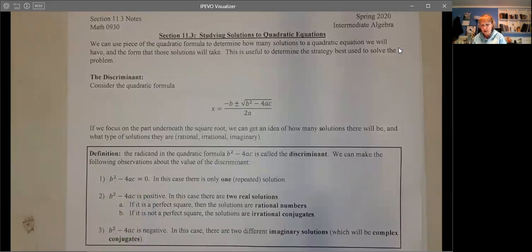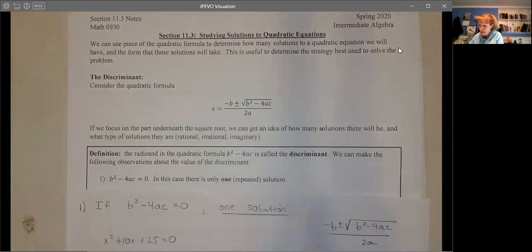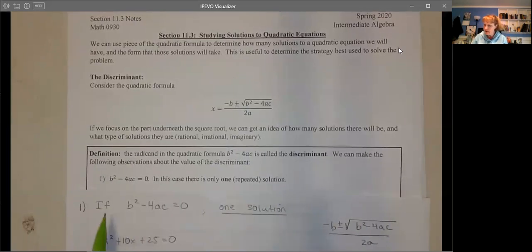Well, they tell us here that in this case, there would only be one repeated solution. So let's go through an example. In other words, if the discriminant b squared minus 4ac is 0, you will have one solution. Let's talk about what that means exactly.